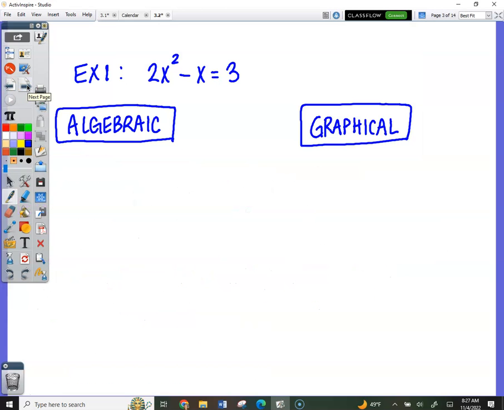So now we're going to get everything to one side and check and see if it will factor, because if you can master factoring, it's the fastest way to go, okay? So let's get everything to one side. That positive 3 is going to come left and become a negative 3.